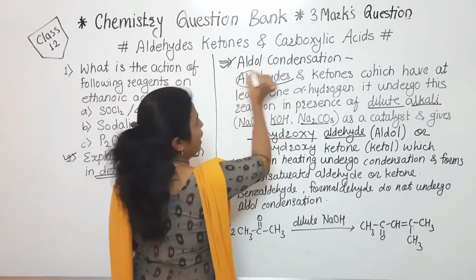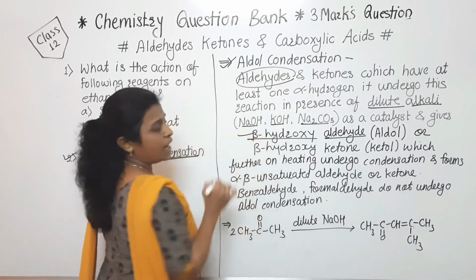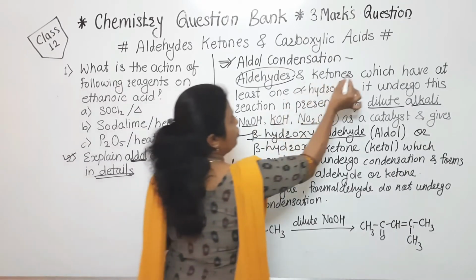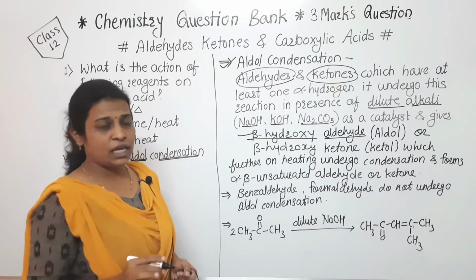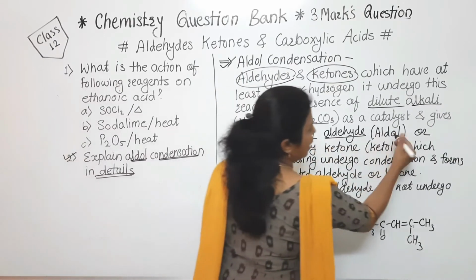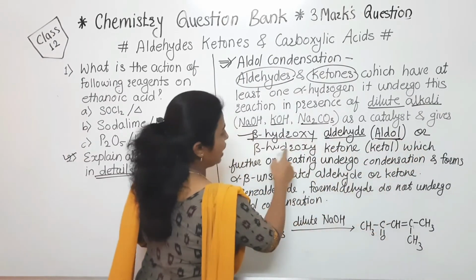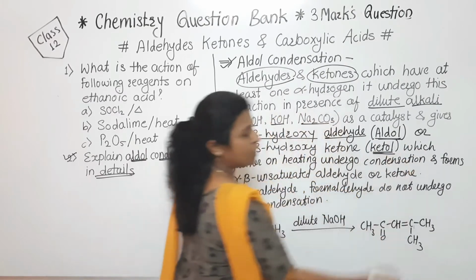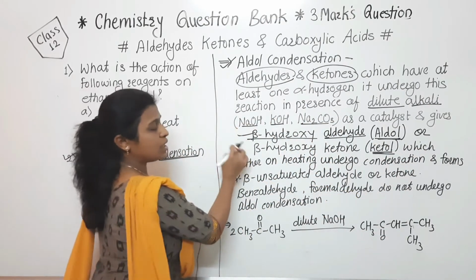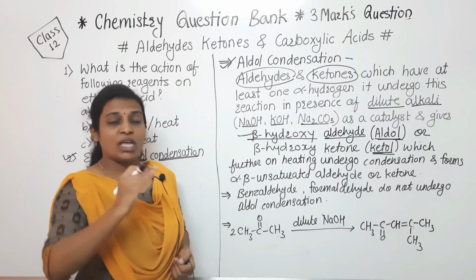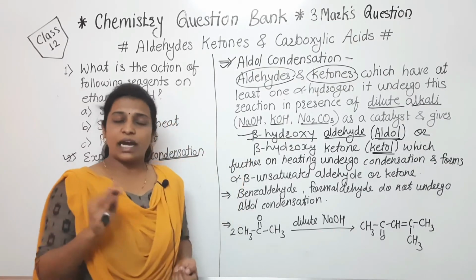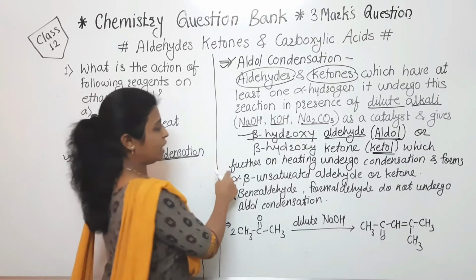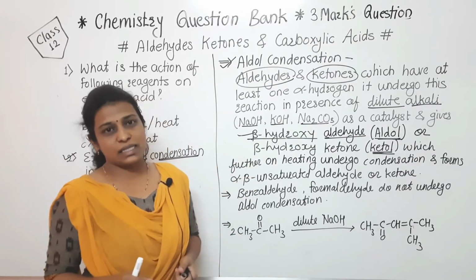If we have taken aldehyde, it will give beta hydroxyaldehyde. If we have used ketone, then it will give beta hydroxyketone. That beta hydroxyaldehyde is called an aldol and beta hydroxyketone is called a ketol. So this is the one step we can say. After that, when we are heating this beta hydroxyaldehyde or beta hydroxyketone, it undergoes condensation.